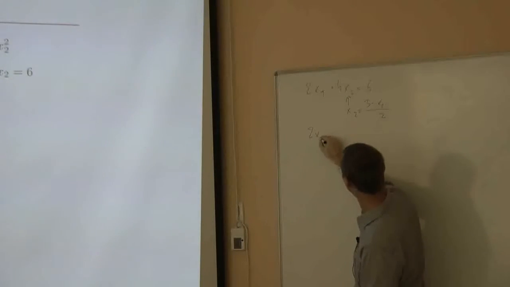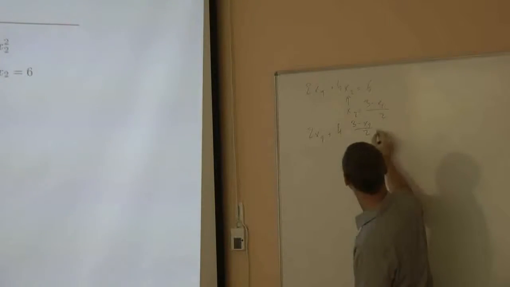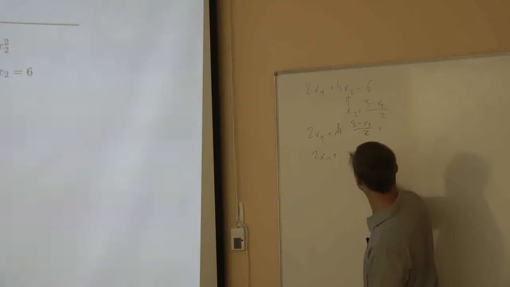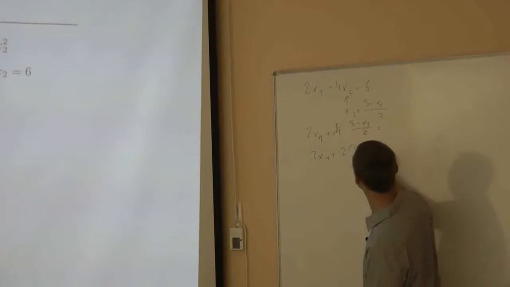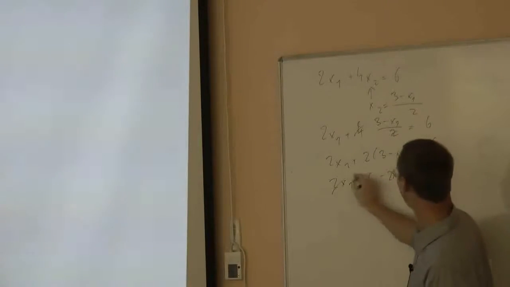Right, so we have 2x1 plus 4 times (3 minus x1) over 2, which is 2x1 plus 2 times (3 minus x1), which is 2x1 plus 6 minus 2x1. So we end up with 6 is equal to 6. How do we call a constraint which is always satisfied?